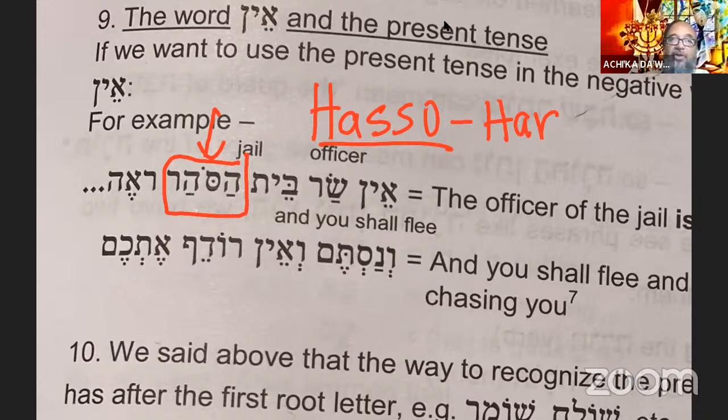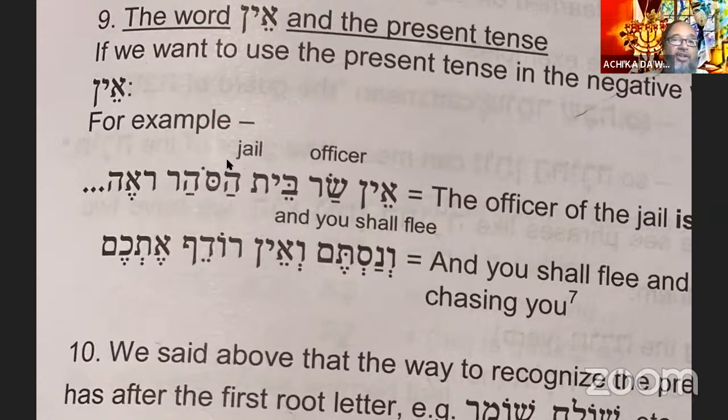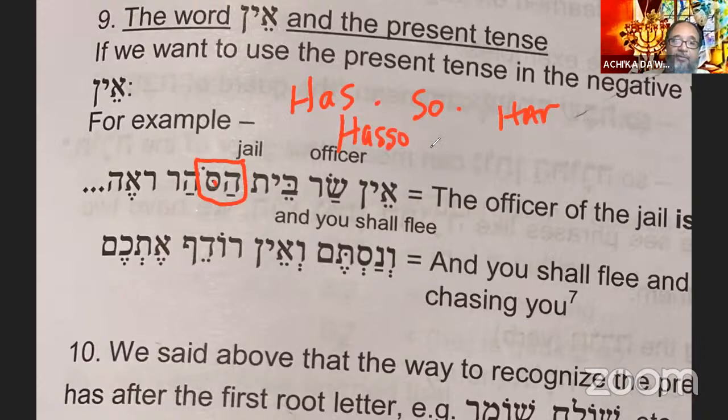I'm trying to get you to always remember, and of course, the more reading you do, the better off you'll get. Look for the double. When you see this double in here, you're going to go, okay, I have to make two sounds. I'm not going to go has, and then try to go so, har. I'm going to put those two together and say hasso, and then my last part, har, because they're together.